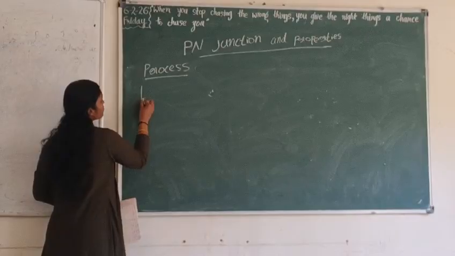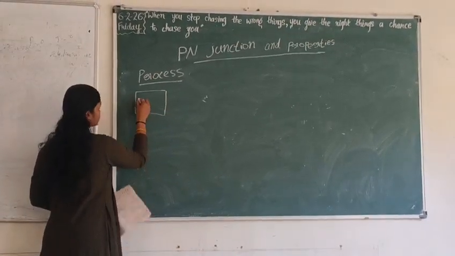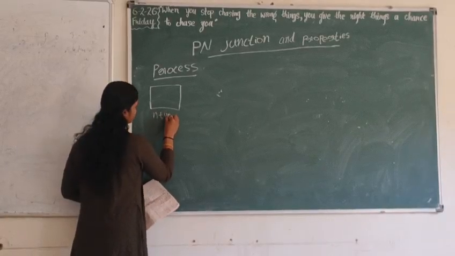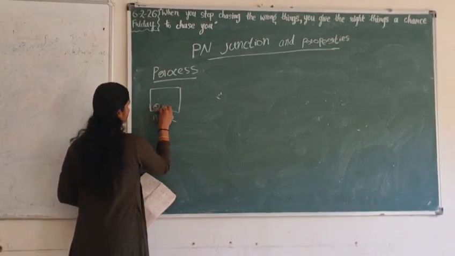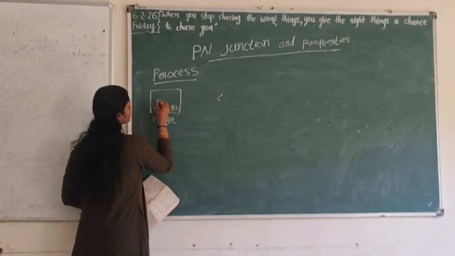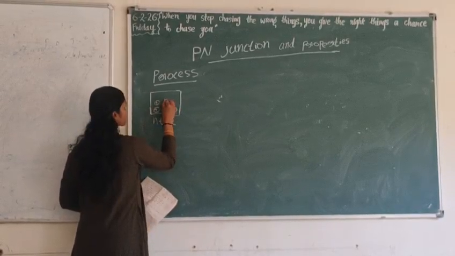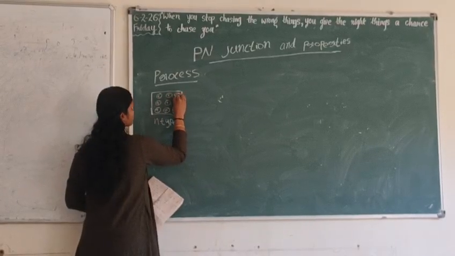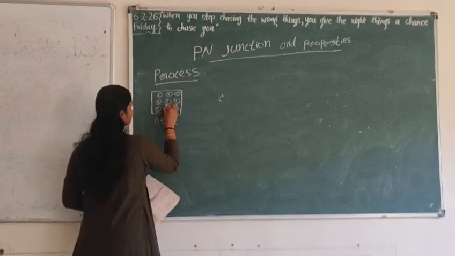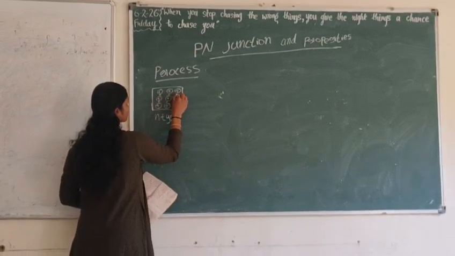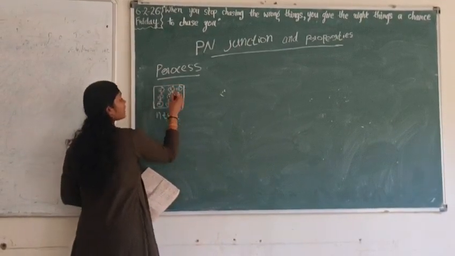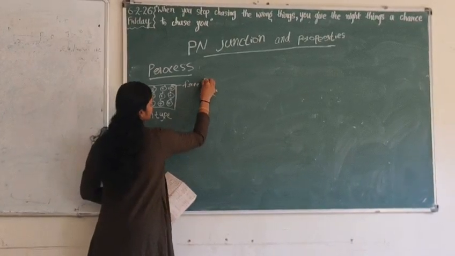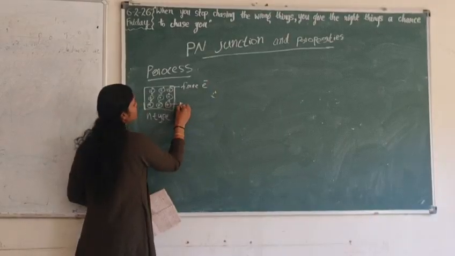To discuss this process, we consider an N-type material. Here there are a large number of free electrons, and this is the positive donor atom.